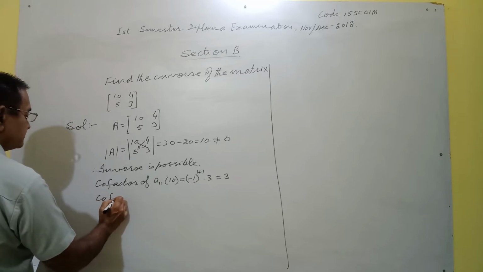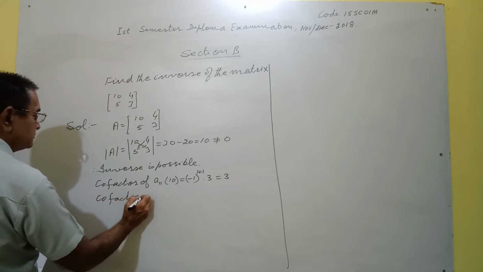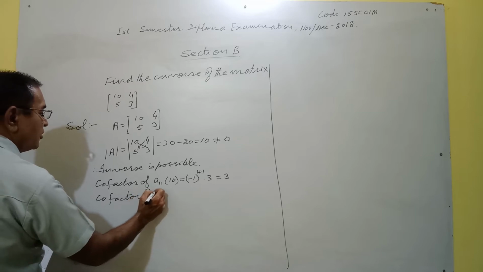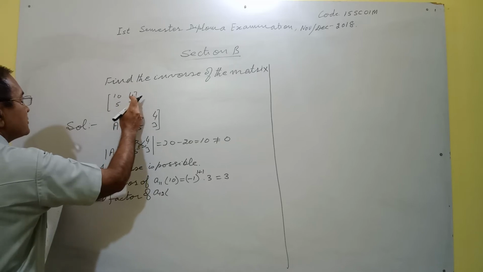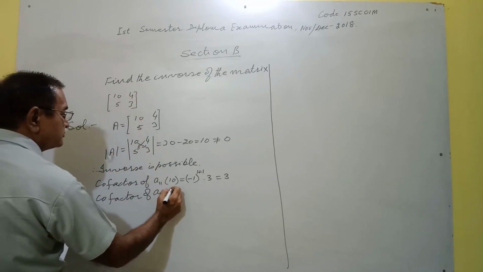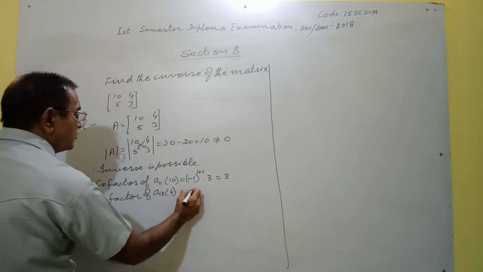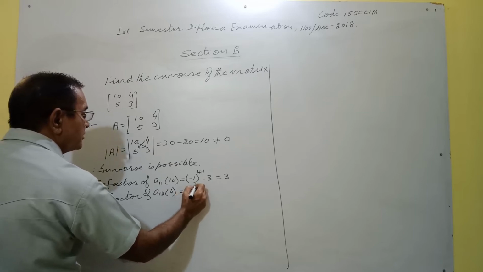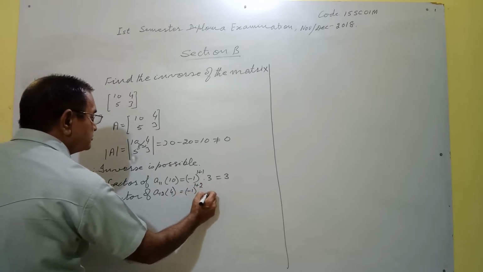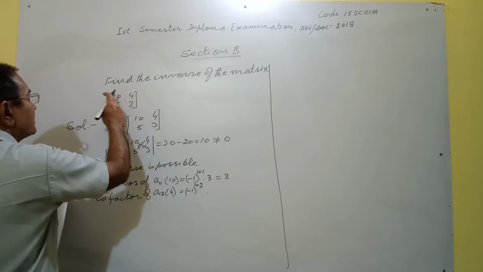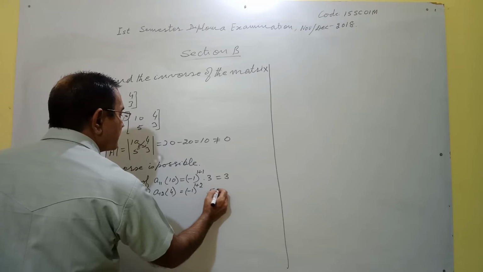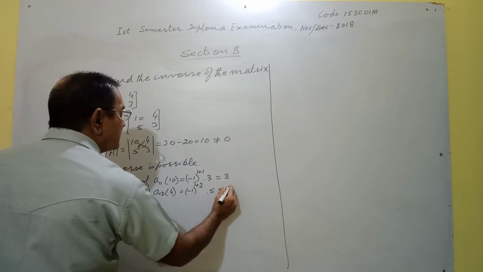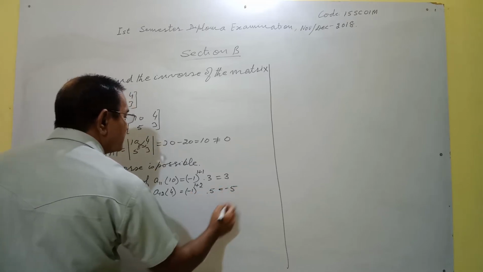Cofactor of A12, first row, second column, that is 4. Minus 1 power row plus column, cut the row, cut the column, that is 5. So we'll get minus 1, thus it is minus 5.